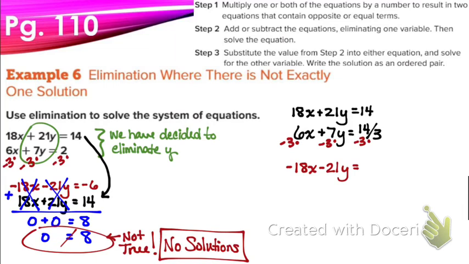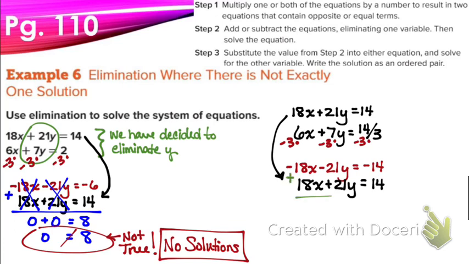Grab your cell phone calculators for me. 14 divided by 3 times negative 3. How much? Super close. Remember, we multiplied by negative 3. Oh, negative 14. I'm going to recopy that top equation. 18x plus 21y equals 14.